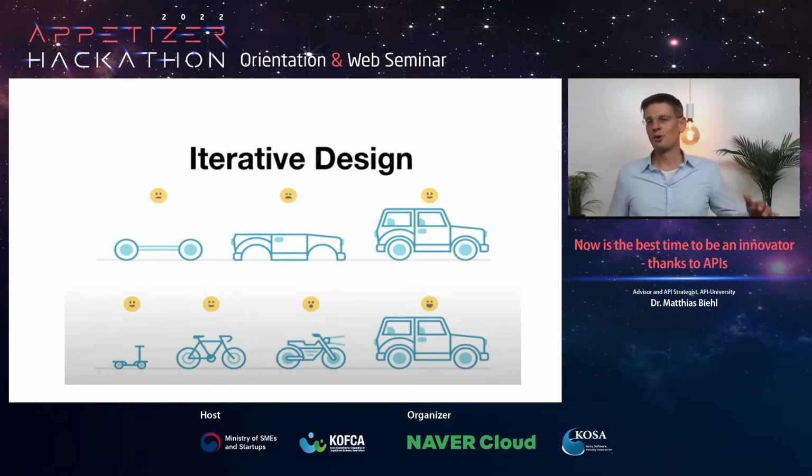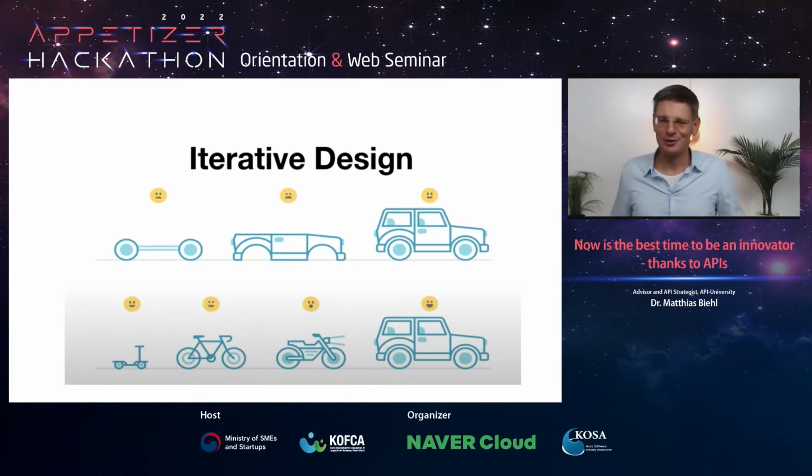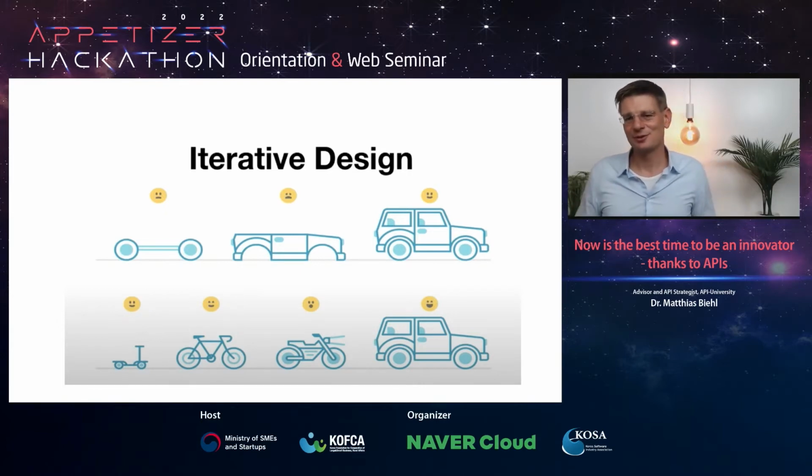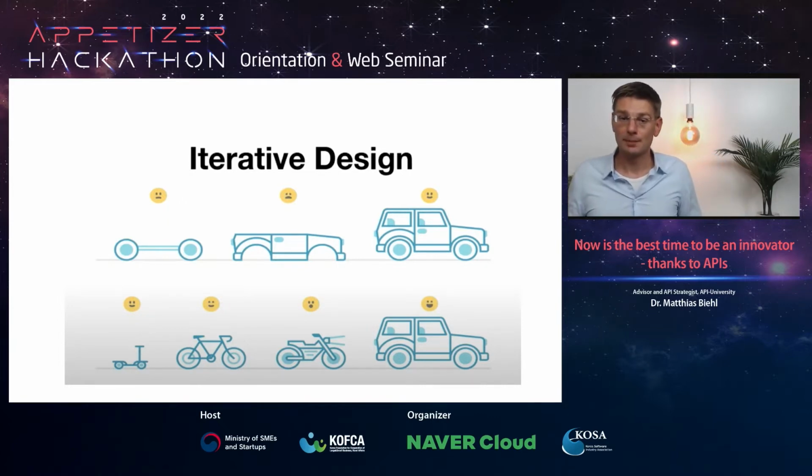So the first row here that we see with the car being built step by step, you build the foundation and you put the chassis around it and so forth. That would mean that you can only test your finished product after you have developed everything from scratch yourself, potentially a very long process.